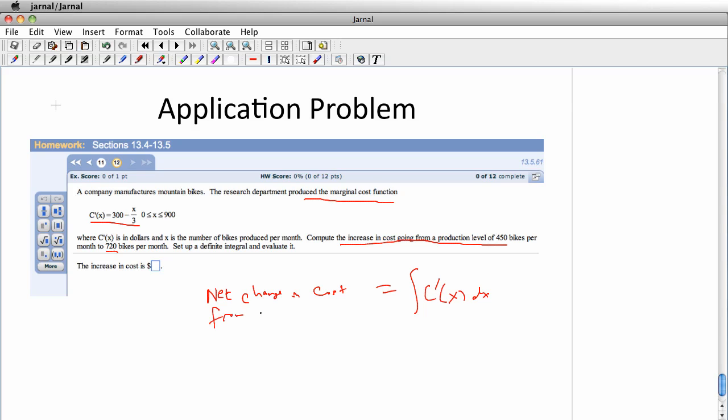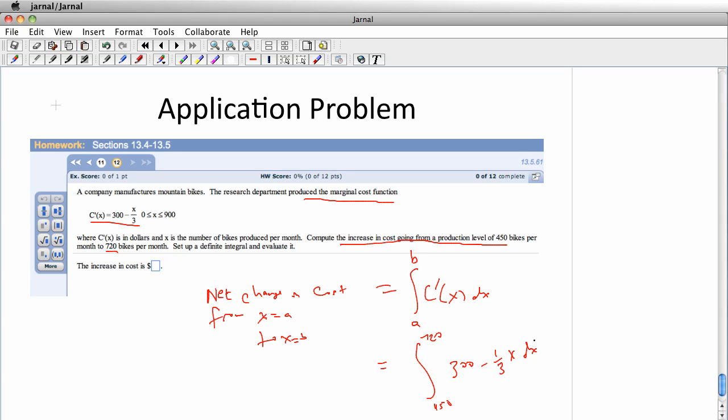So net change from x equals A to x equals B. If I have two production levels in mind, then the net change in cost between those two production levels is just the integral that runs from A to B. So in this case, the integral should be from a 450 byte production level to a 720 byte production level, and I'm integrating the marginal cost function, which is 300 minus x over 3, and I don't like x over 3, I'll just write that as 1/3 x, because that's what I would want to do anyway as my rewrite.